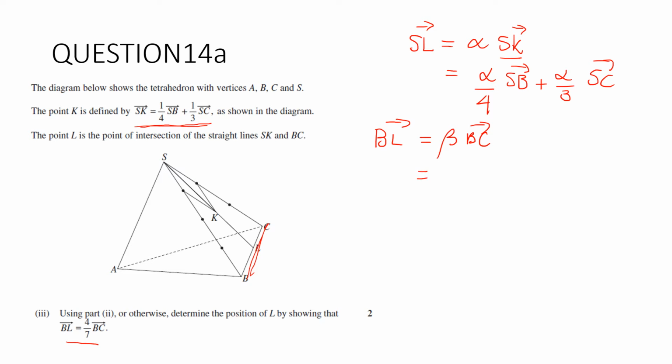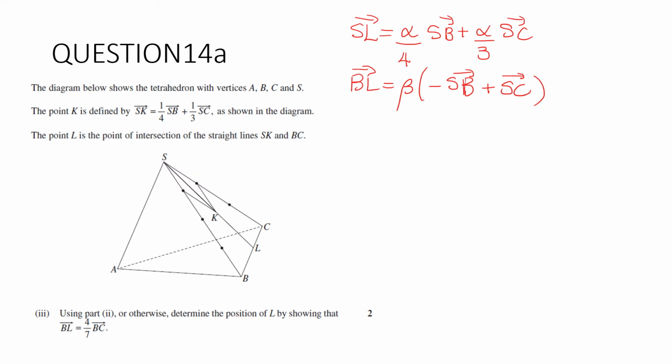And I can rewrite BC as BS plus SC, or more importantly, because we want SB, so beta negative SB plus SC. Okay, now this is all very well, but what we really want is two equations for SL in terms of SB and SC. So this isn't going to cut it. We need to do some more work.